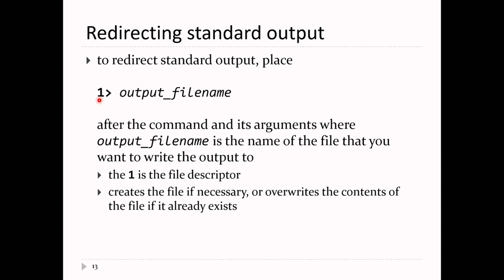Remember, number 1 corresponds to standard out. The greater than symbol is the redirection symbol. What that does is it runs the command, takes the output of that command, and writes it to that file. If that file doesn't exist, it makes that file for you. If the file does exist, it overwrites the file.